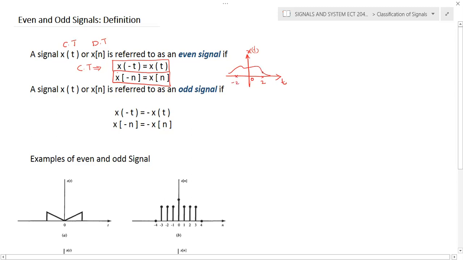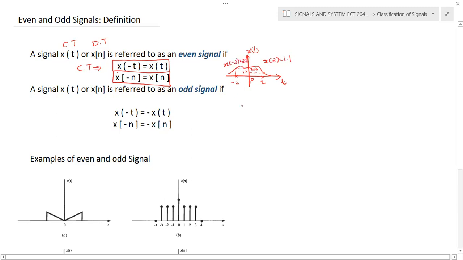Assume that the value at t equal to 2 is 1.1, and at minus 2 the signal magnitude is 2.3. So x of 2 is 1.1, and x of minus 2 is 2.3.